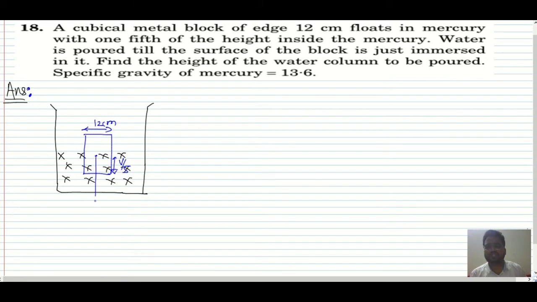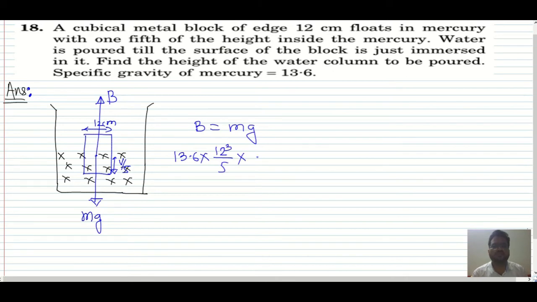So from this we can find the density of this. And how to find the density? It is mg, which is balancing the buoyant force, or buoyant force is balancing mg. So buoyant force B is equal to mg, we can write. So buoyant force, we can write density of the mercury, that is 13.6, into volume displaced, which is 12 cube divided by 5, into the acceleration due to gravity, is equal to the mass into acceleration due to gravity.